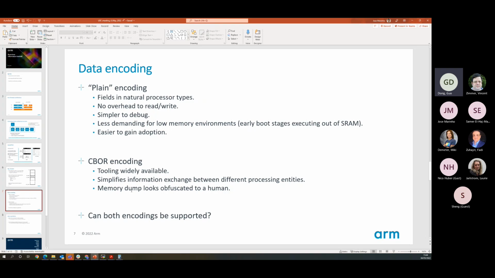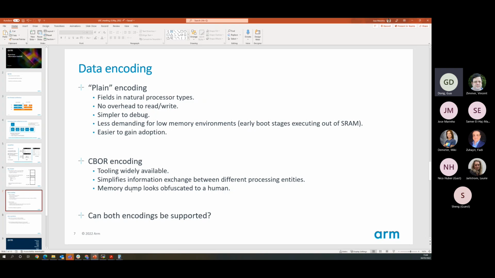That's the one we think is acceptable. Using CBOR, both the bootloader and the payload need to do encoding and decoding. It adds some more overhead.